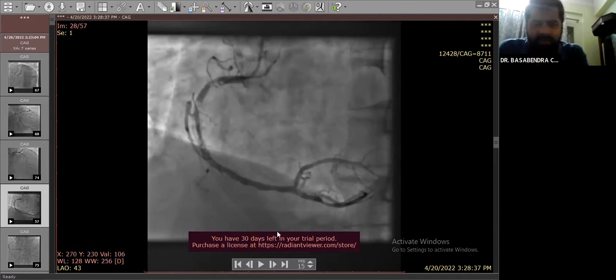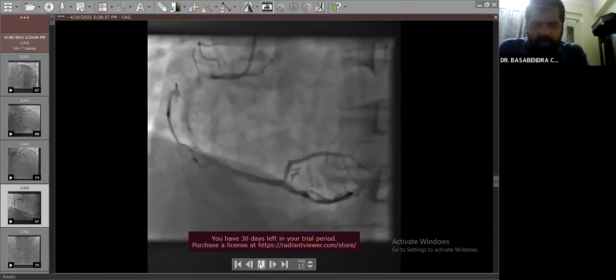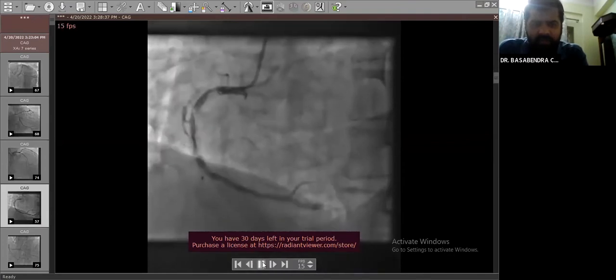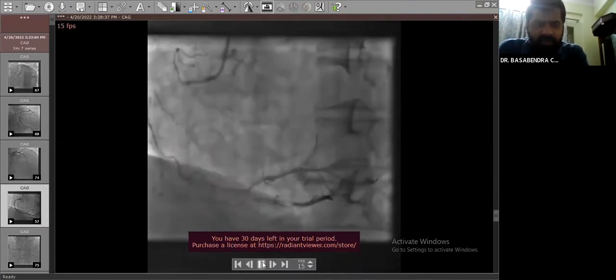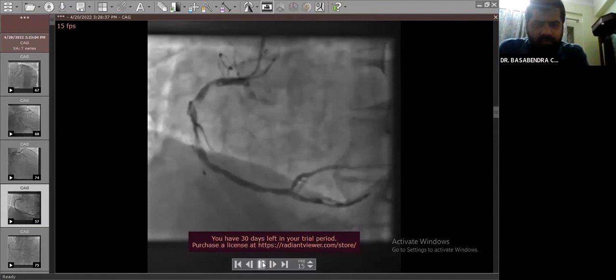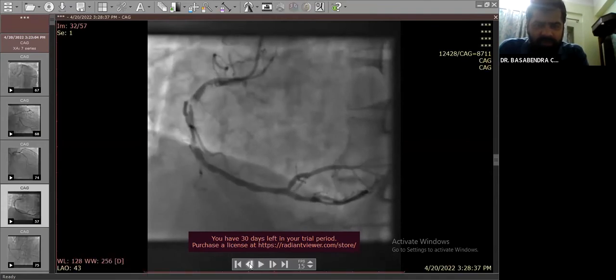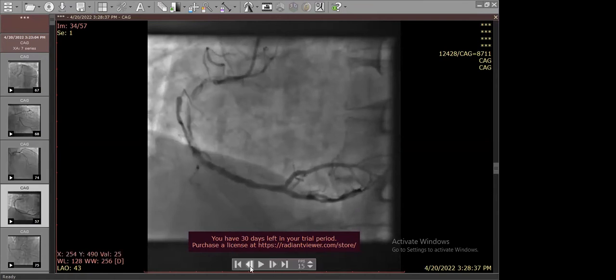As we can see, there was significant calcium, especially at the proximal and mid part. Also, there was some haziness in the mid part, and a suspicion of some thrombus.